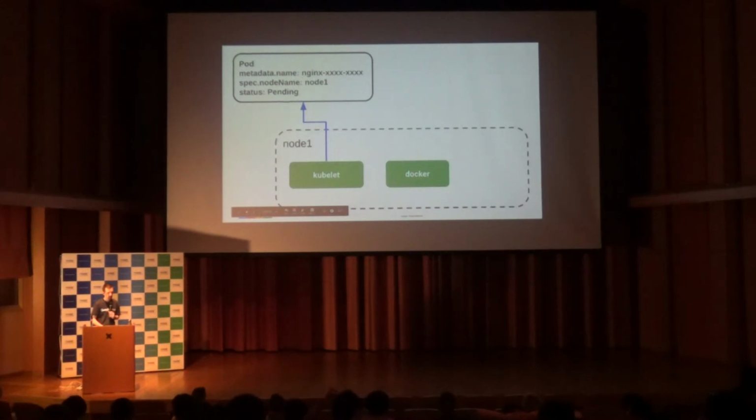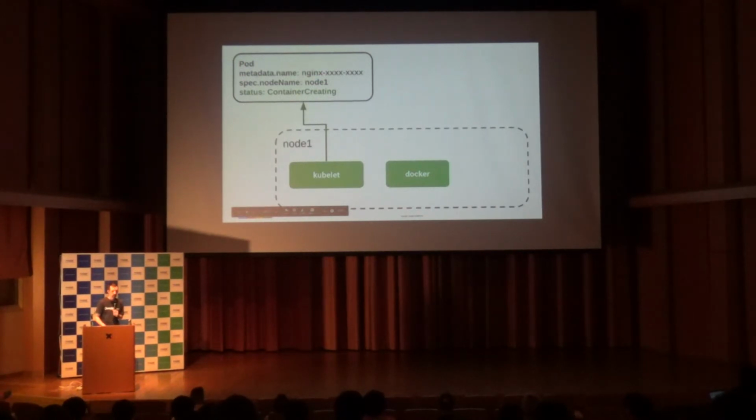Once the node name has been assigned, the kubelet, which is a separate type of controller, and is actually an agent that runs on each node in the cluster, takes over. Each kubelet instance knows its own particular node name. So the one for node 1 sees that there's a pod assigned to it that is not running yet. It says, okay, I need to create the actual container for this.